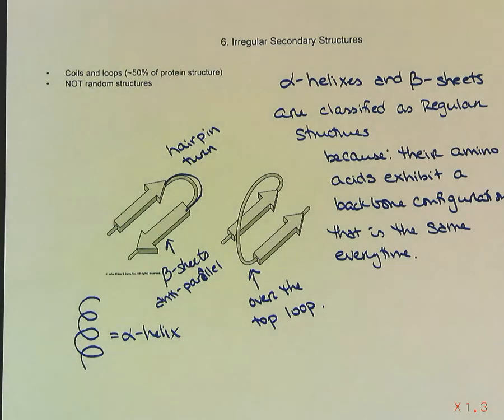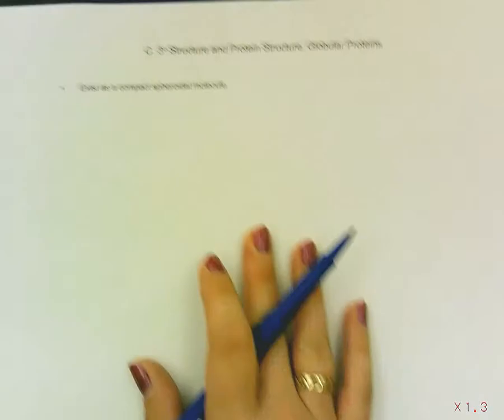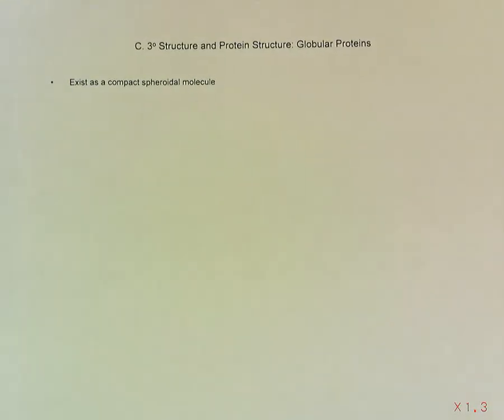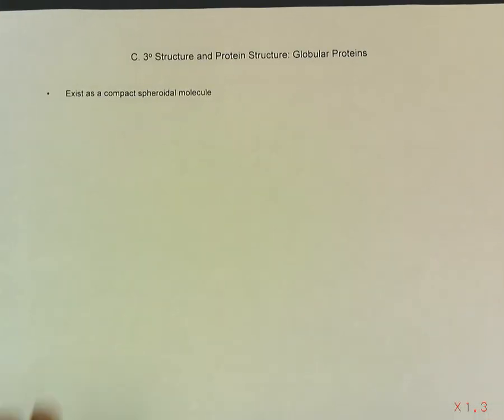All right, that's the end of secondary, so let's take a look at tertiary structures. All right, tertiary structures and protein structure, especially looking at globular proteins, which, if I say globular protein, what picture are you thinking of?